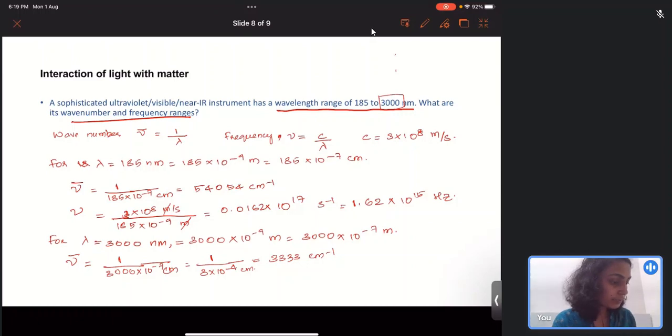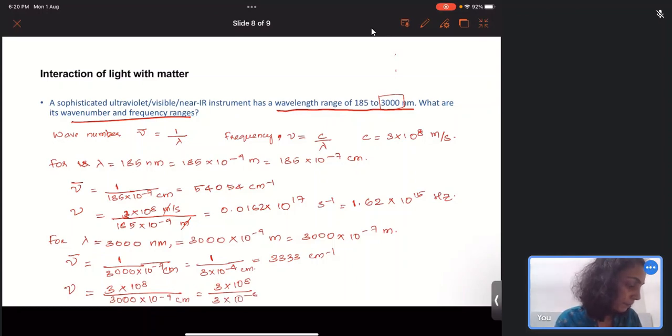The frequency can be calculated by nu equal to c by lambda, where c is 3 into 10 to the power 8 divided by 3000 into 10 to the power minus 9 meter. So this is 3 into 10 to the power 8 divided by 3 into 10 to the power minus 6.